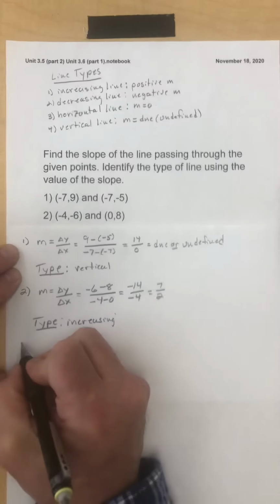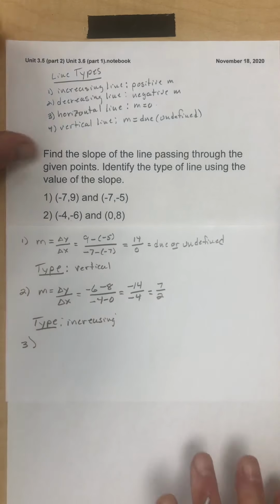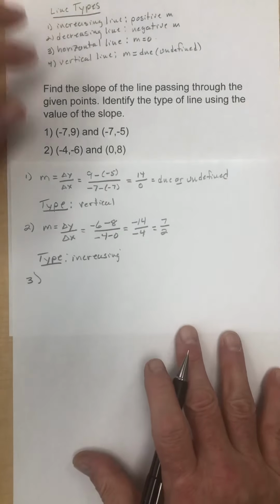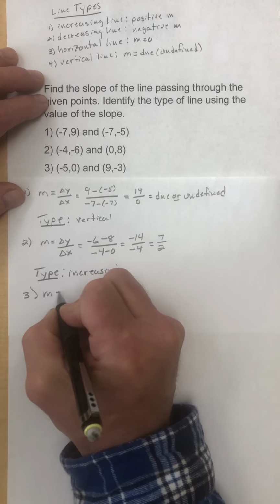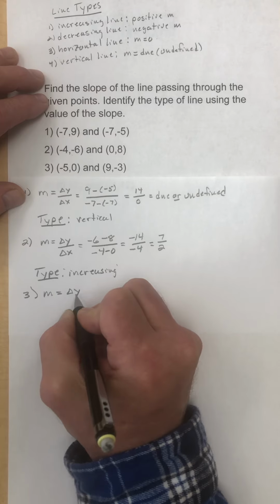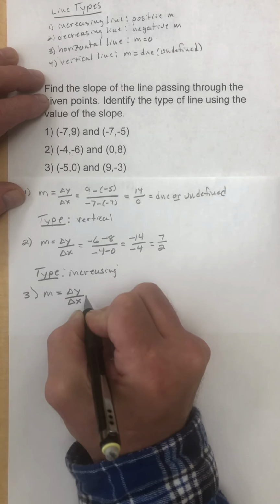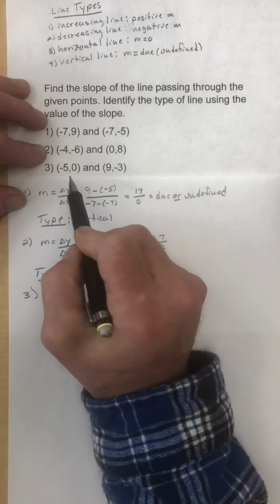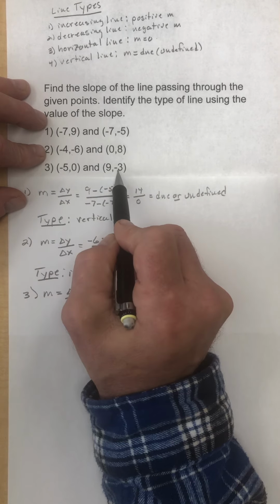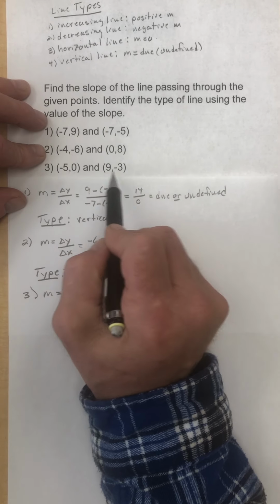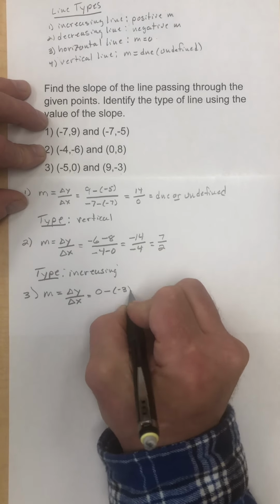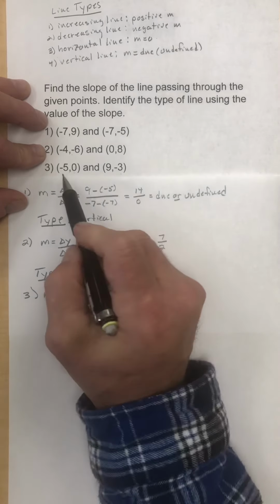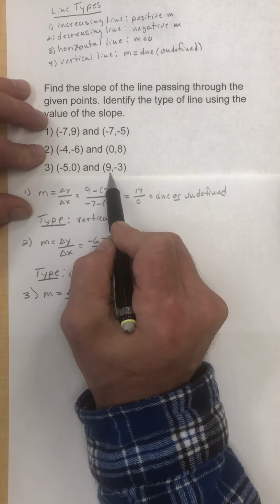All right, we go down to this third one. Let's see, my slope, once again, delta y over delta x. I'm going to go these coordinates minus those coordinates. So delta y would be 0 minus a negative 3, and delta x would be negative 5 minus 9.